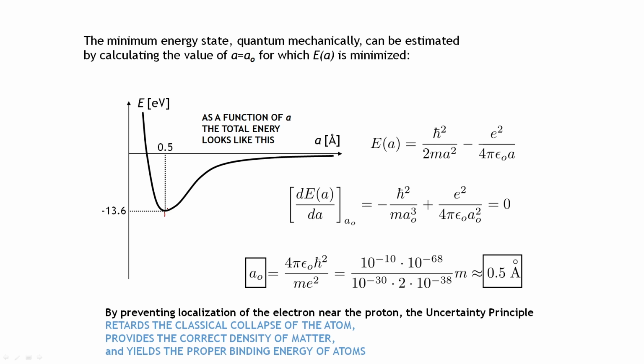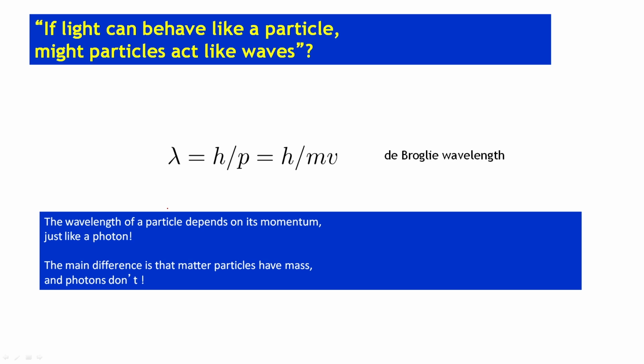This is very easy to do, and it prevents the localization of the electron near the proton, which is the uncertainty principle. It also retards the collapse of the atoms, provides the correct density of matter, and yields the proper binding energies of atoms. This particular theory is very important. But electrons are not only particles, they can also behave like waves.